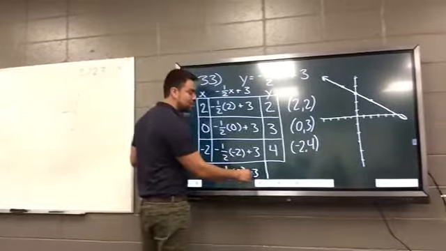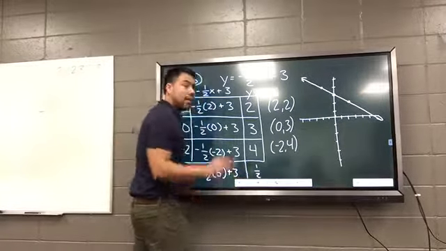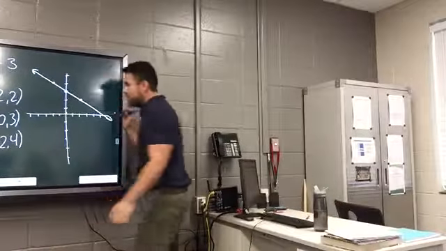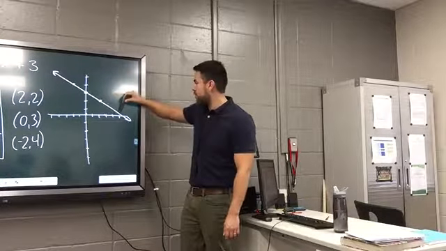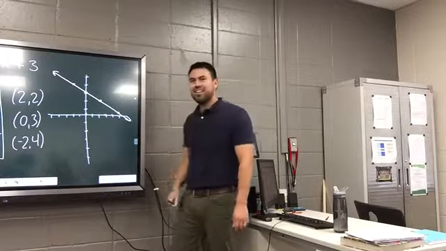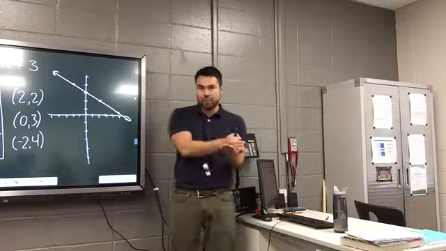Negative 2.5 plus 3 is a half. So, yeah, it looked like it, and you're really close, but here, because my graph is a little off, so 5, 1, 2, 3, 4, 5, and a half. Oh, not bad. But do you see where 5 and 1/2 would be an ordered pair?